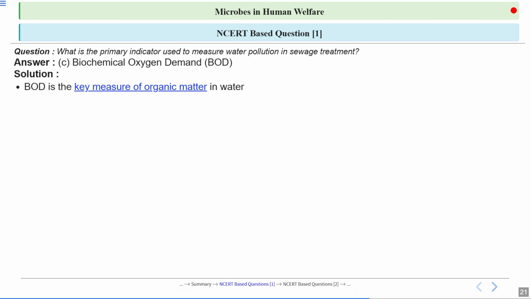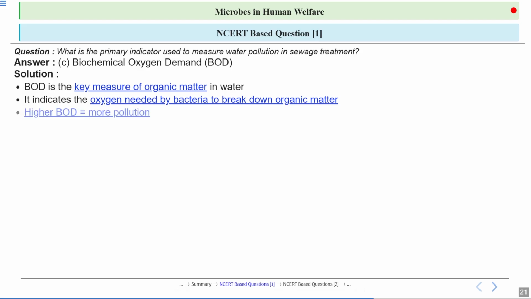So if the BOD is high, it means the organic matter content is high in that water. If the BOD is less, it means the water is cleaner. BOD basically indicates the oxygen required by bacteria to break down the organic matter.